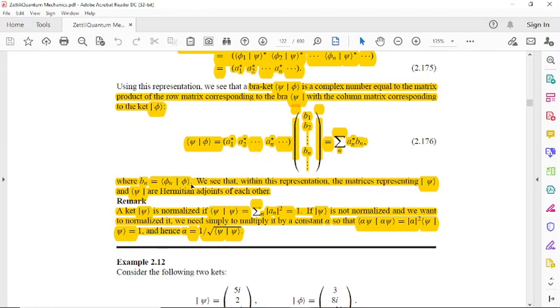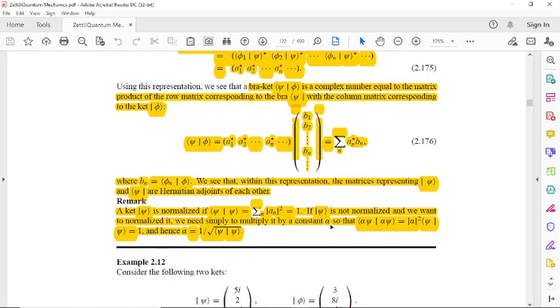We see that within the representation, the matrices representing ket psi and bra psi are Hermitian adjoints of each other. And remember that the ket psi is normalized if bracket psi psi is equal to the summation of the modulus of a_n squared, equal to 1. If ket psi is not normalized and we want to normalize it, we need simply to multiply it by a constant a.